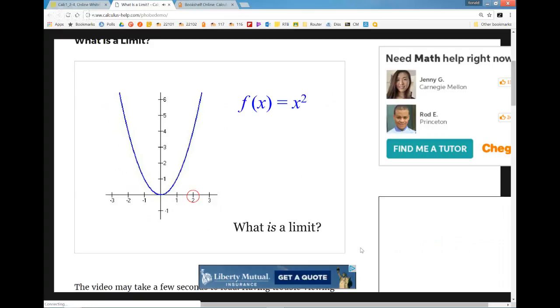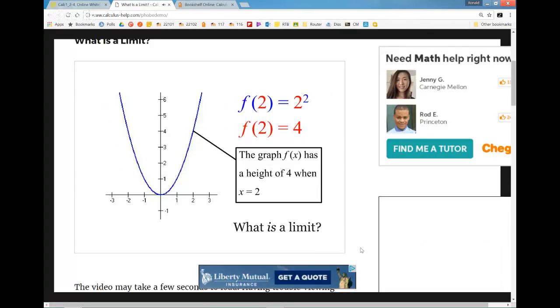Well, it's not very difficult to figure out exactly how high that function is going to be when x equals 2, because all I have to do is plug that x value into the function to figure out what that height will be. So, if I plug 2 into x squared, I get 2 squared, or 4. This means that the function reaches a height of 4 whenever x equals 2.